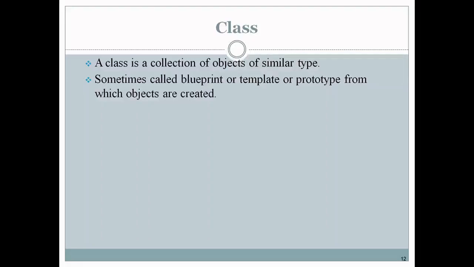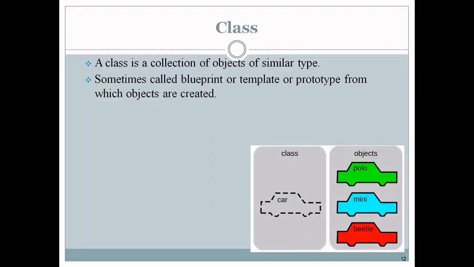Look at one more example. Suppose we have a class called as car, as I've said, with some properties, say name, color, model and so on, and with some methods like accelerate, brake, etc. From this particular class car, we can create any number of objects. Now look at the objects here.